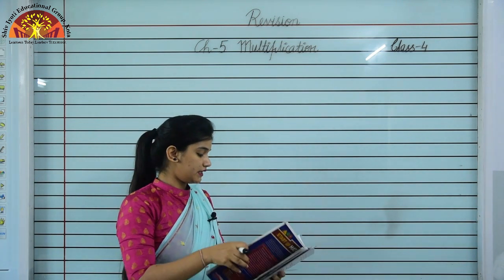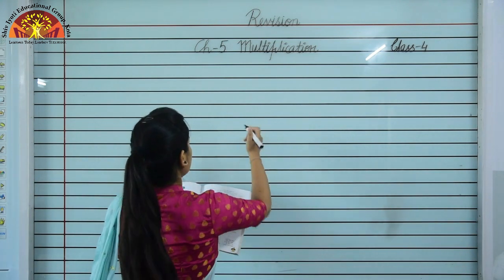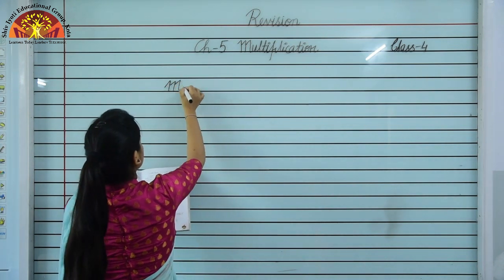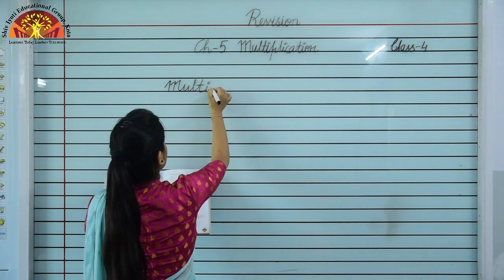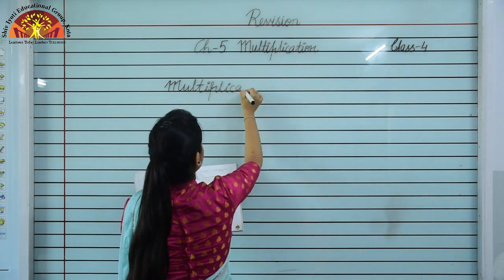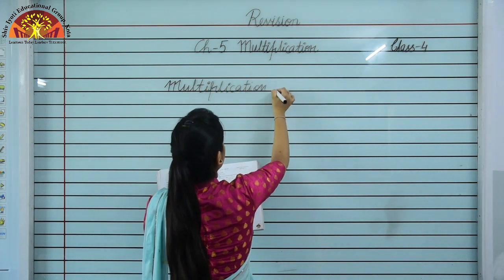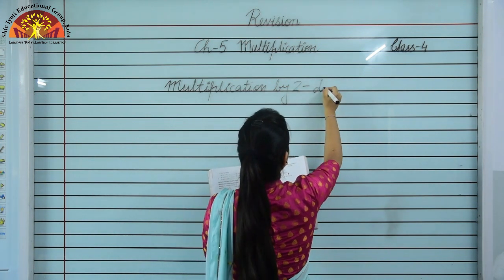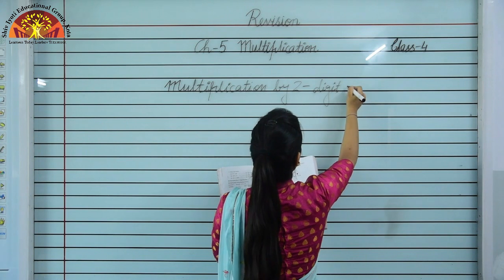And the next topic is multiplication by a 2-digit number. Now we will multiply by 2-digit number. Multiplication by 2-digit number.